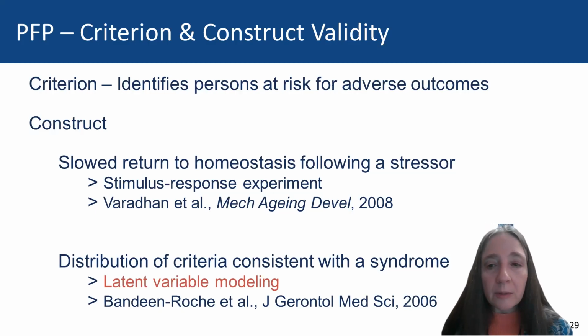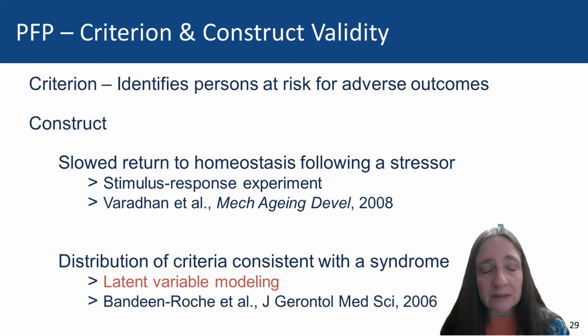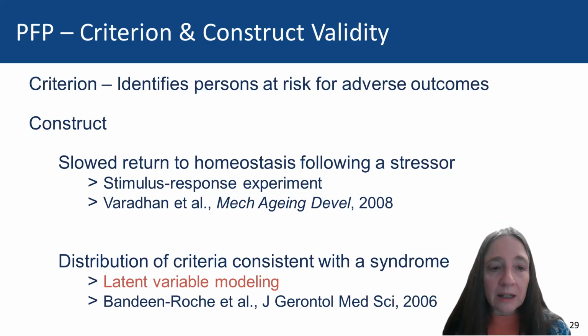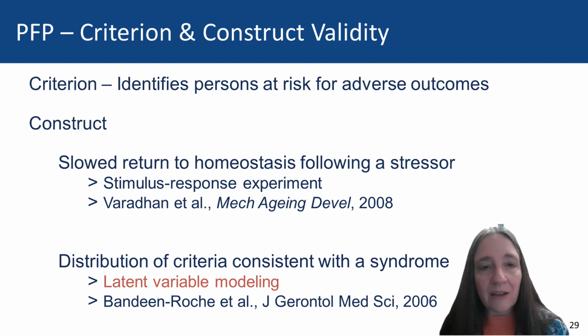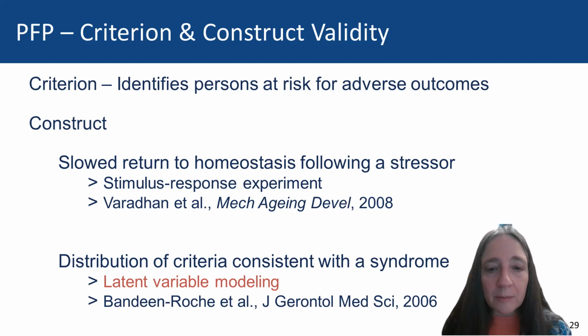Well, by experiment, we might be able to ascertain whether frail individuals have a slowed return to homeostasis following exposure to a stressor. Or by latent variable modeling, we might be able to ascertain whether the distribution of the criteria is consistent with the definition of a medical syndrome. And indeed, you can see a publication there that implemented that finding.